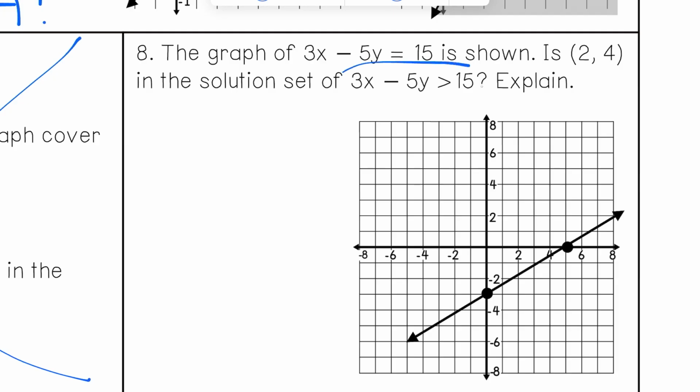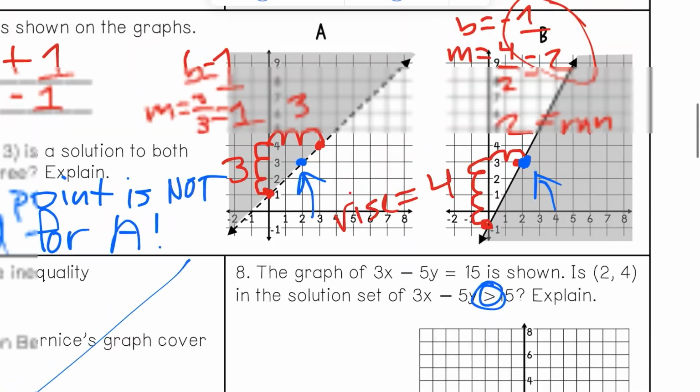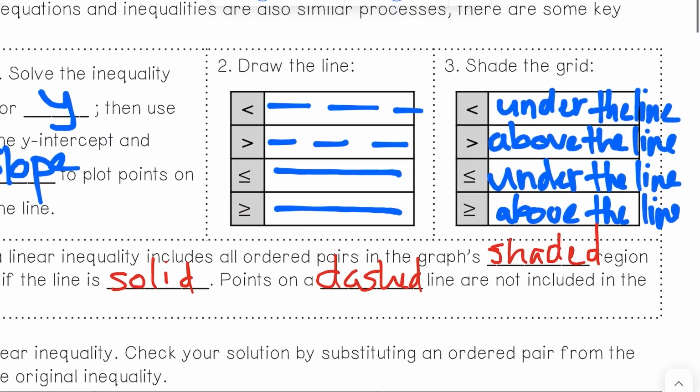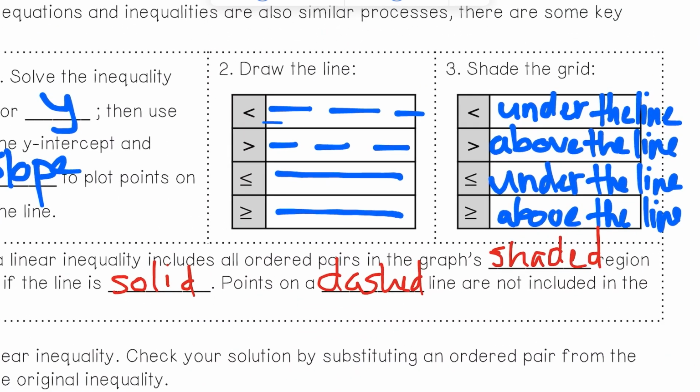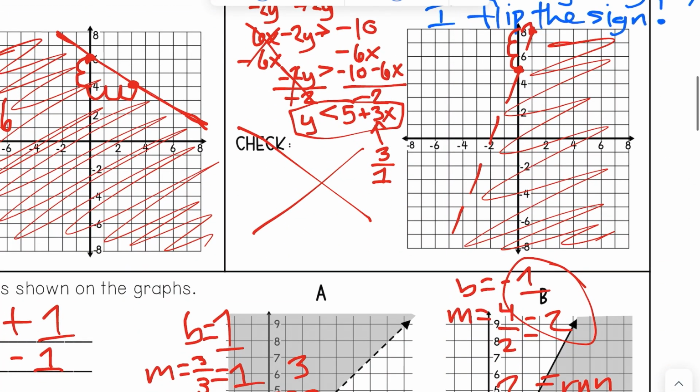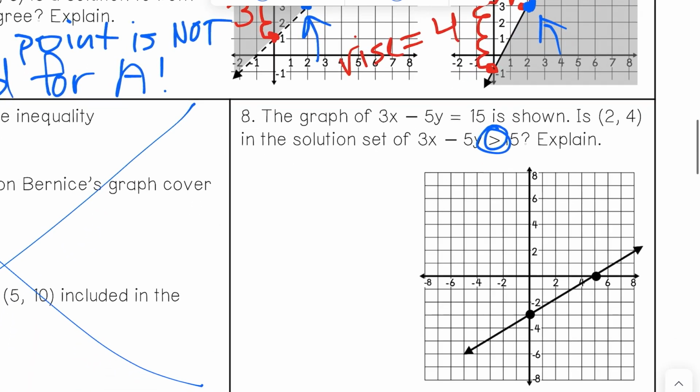Well, if I was graphing this, the things I'd have to change are whether it's a solid or a dashed line, and where it's shaded. For a greater than symbol, the line is dashed and it's shaded above the line. So it's a dashed line here if it's greater than, and it's shaded above.